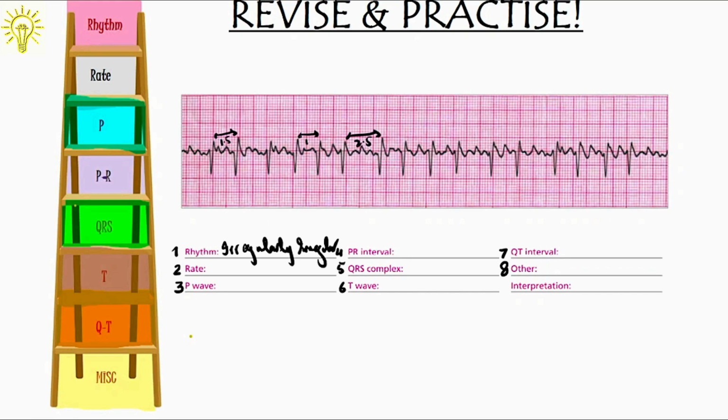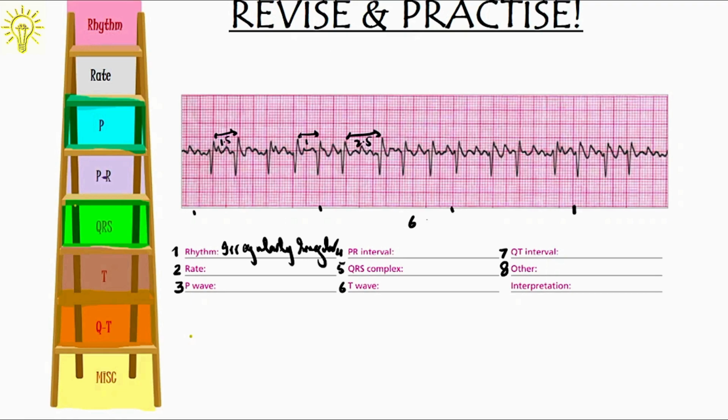We said that for irregular rhythms, it's better to use a 6-second strip. So let's count 1, 2, 3 up to 30 large boxes.